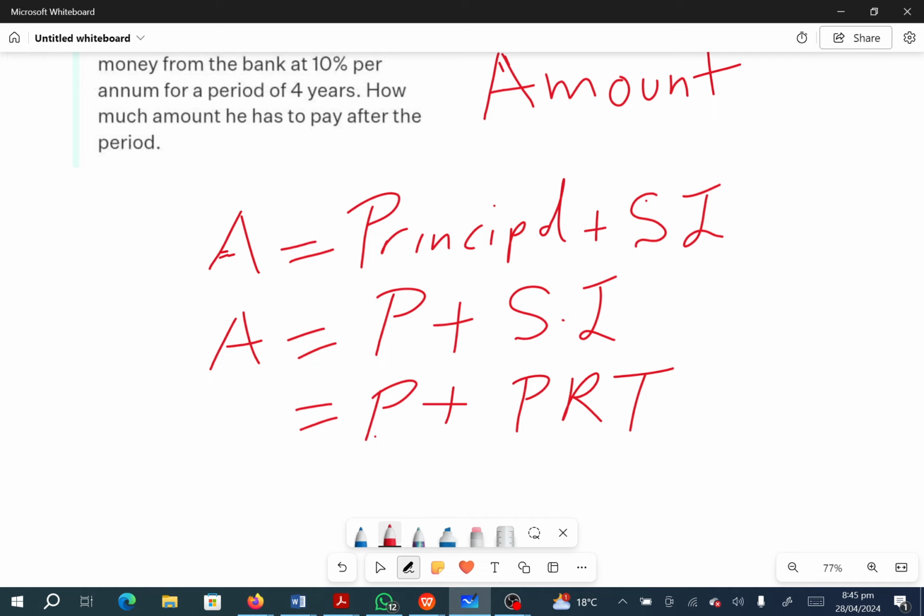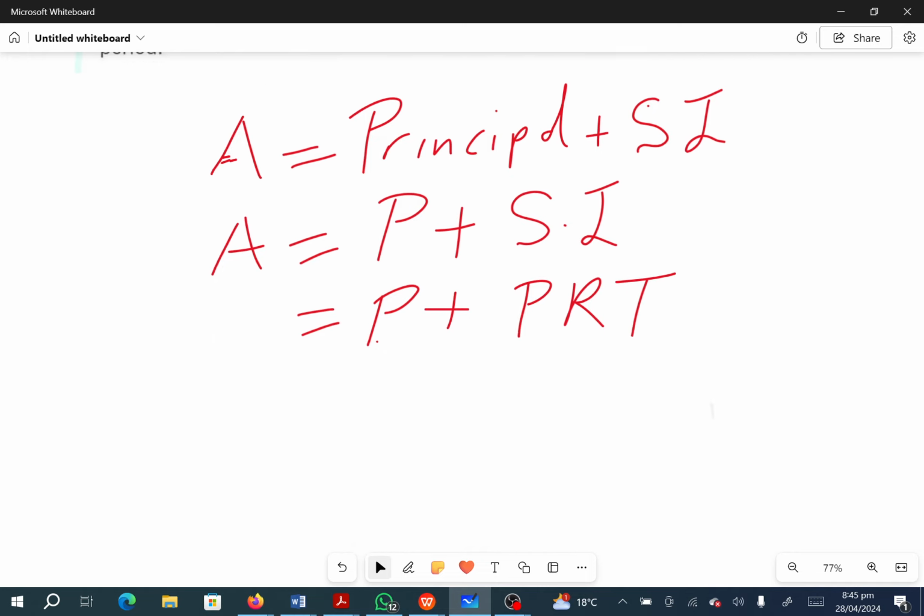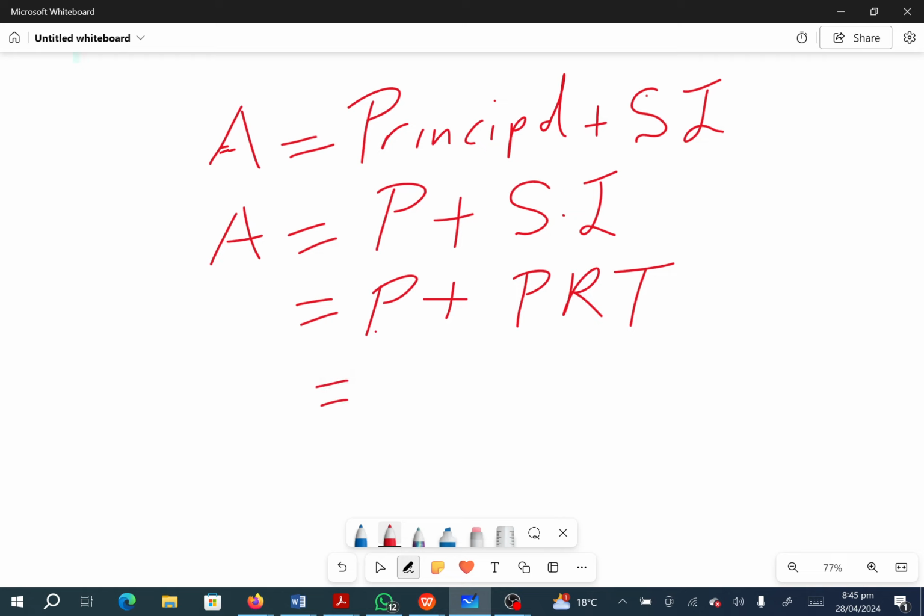So the retained amount A is equal to P plus PRT, and the common factor here is P. So we'll say P times (1 plus RT). So we can now factorize.